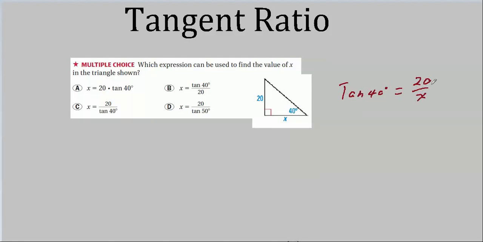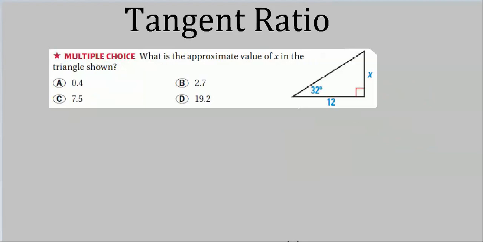Now we're solving for x, of course, so what we would write here is x equals 20 over tangent of 40. This is just some algebraic rearrangement to end up with this, and it looks just like this one here, doesn't it? Well, the answer is, of course, C. All you had to do was just recognize that the tangent is opposite over adjacent, and you pretty much had the whole thing solved.